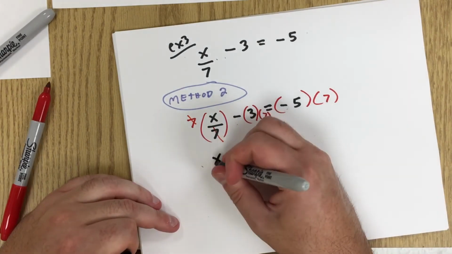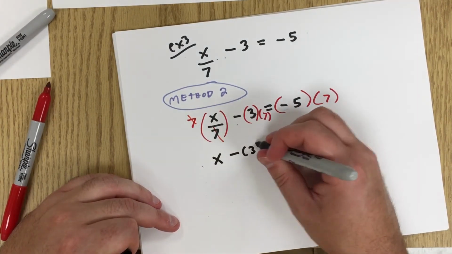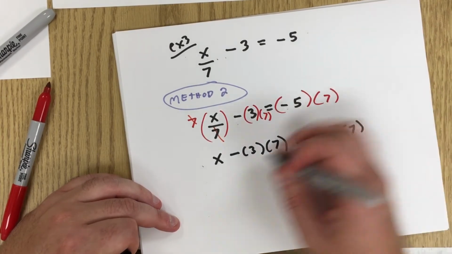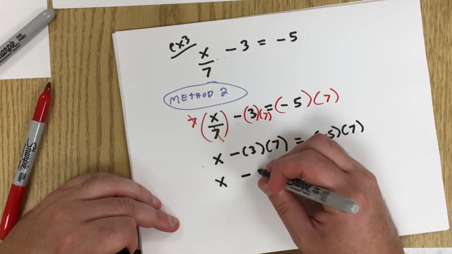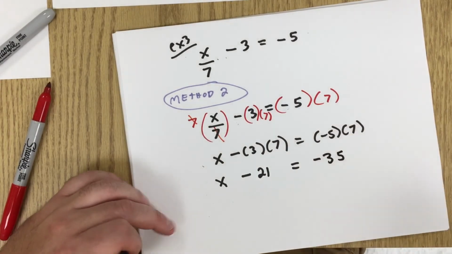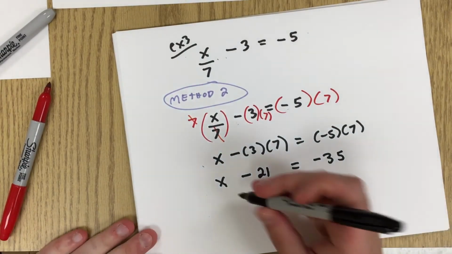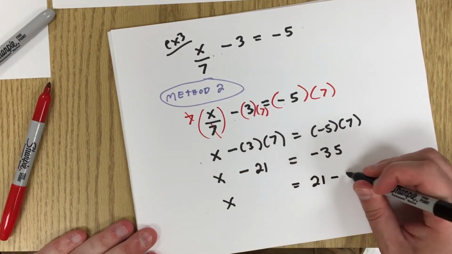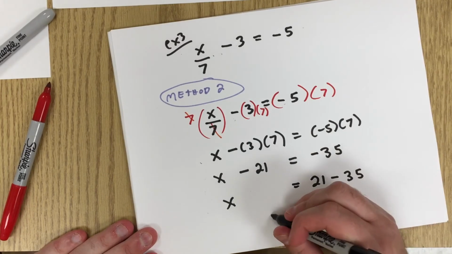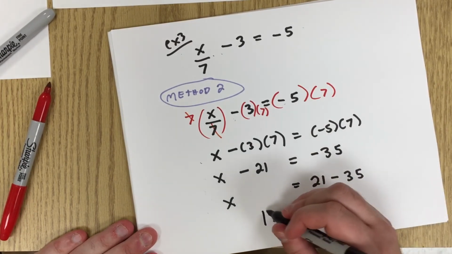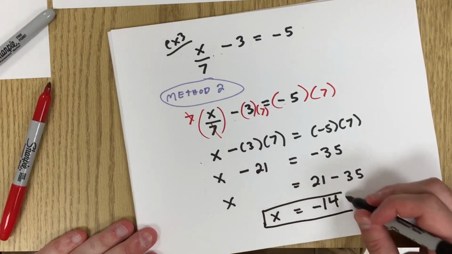We end up with x minus 3 times 7 is minus 5 times 7. x minus 21 equals negative 35. Bring the minus 21 over, it becomes plus. So x equals 21 minus 35, which is negative 14.